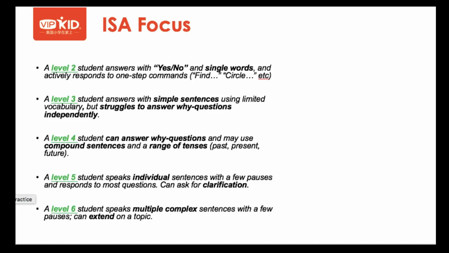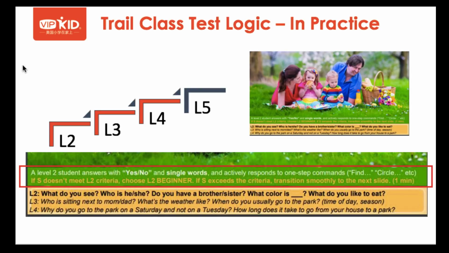So what does this look like in a specific situation? And what are some of the changes? So let's look at this. Now this is the very first slide. You recognize the slide. Even some of the direction questions or guidance questions here are the same, but it's this part here that is going to be different on all the slides. So you'll see the light yellow there, right? Yes, no, and single words.